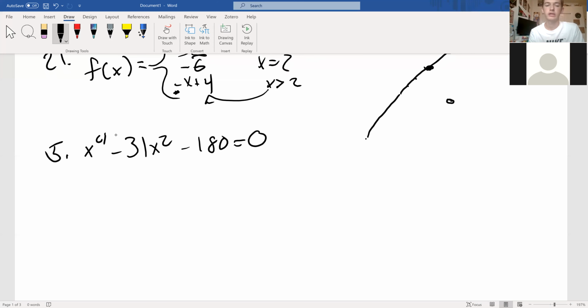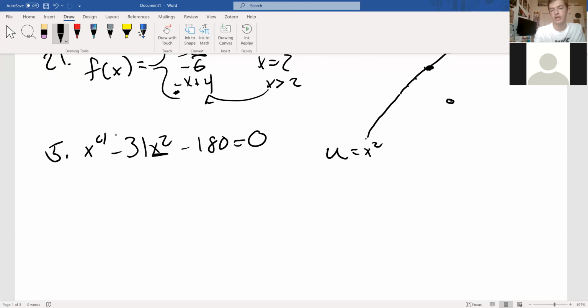Whenever it tells you to make the substitution, or if it specifically says to use substitution, whatever this is in the middle, set it equal to u. So we say u is equal to x squared.